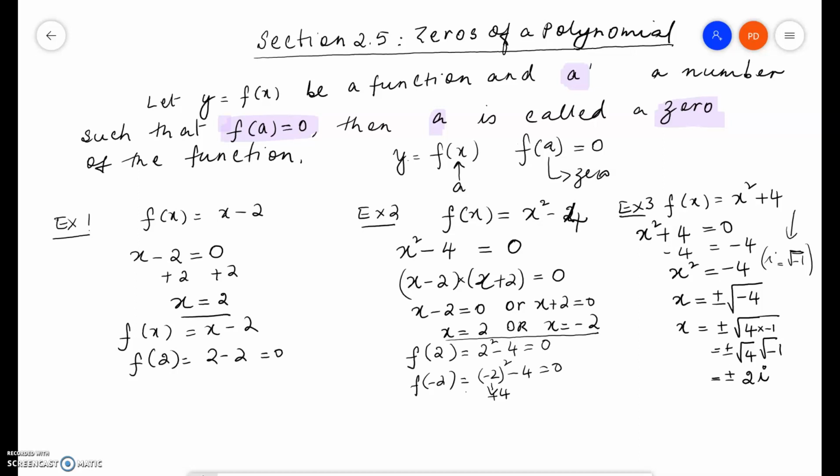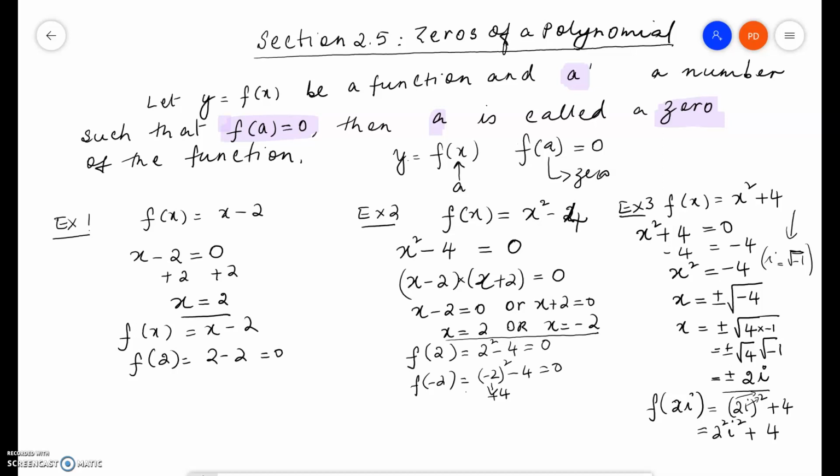So notice that this is an imaginary number and the two zeros, so let's just plug it back in. So f of 2i is a 0. So 2i is a 0. When I plug in 2i into the function, I get 2i the whole squared plus 4, which is 2 squared i squared plus 4. We are using the rule of exponents.